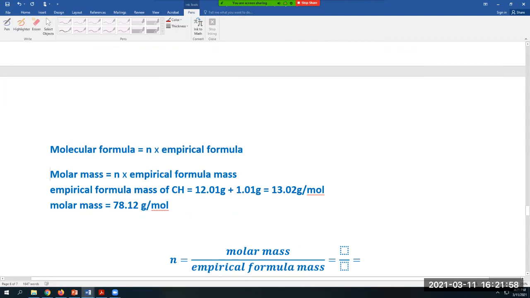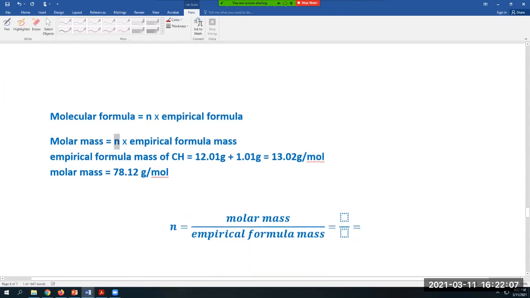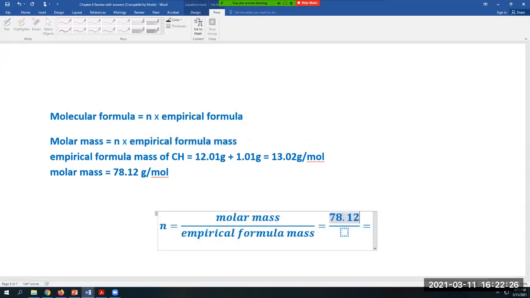So we have two of these variables, and we are looking for n. So to find n, we will take the molar mass and divide it by the empirical formula mass, right? You divide both sides of this equality by the empirical formula mass, and you will get n equal to the molar mass over the empirical formula mass. So let's plug in the numbers. The molar mass is 78.12 grams per mole.